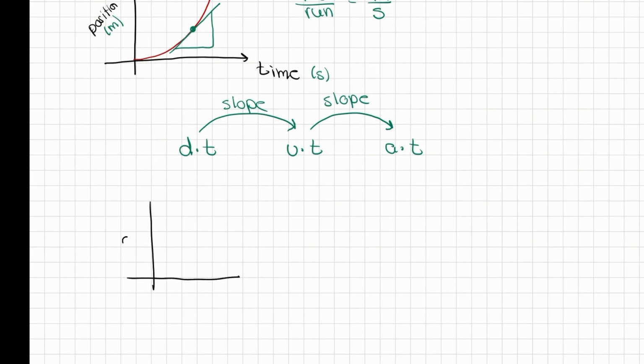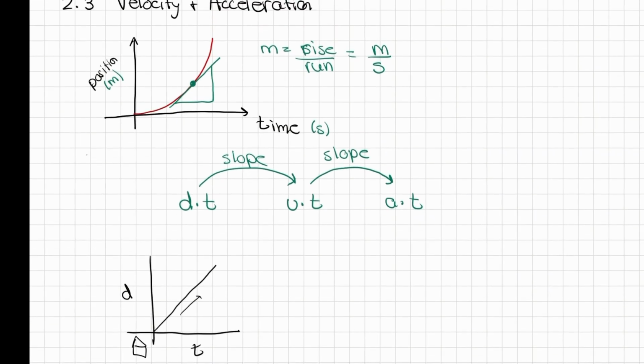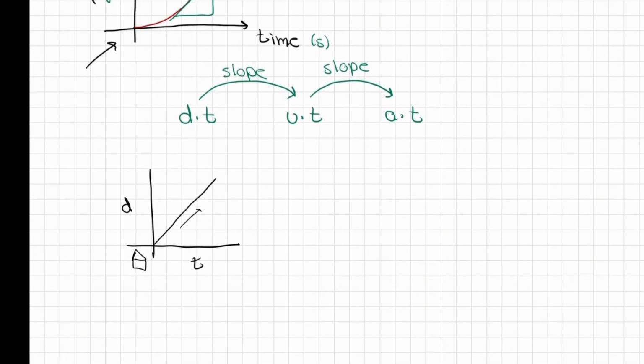So here's my displacement, here's my time, and you might be used to seeing something like that, moving away from home at a set rate, at a set pace, or with a set slope. In the real world, motion very rarely happens perfectly, which means our position time graphs end up looking more like curves than linear functions. So more like this one than like this one.